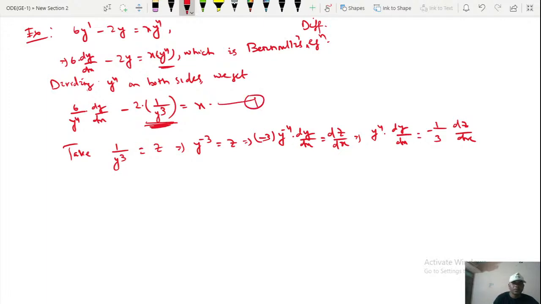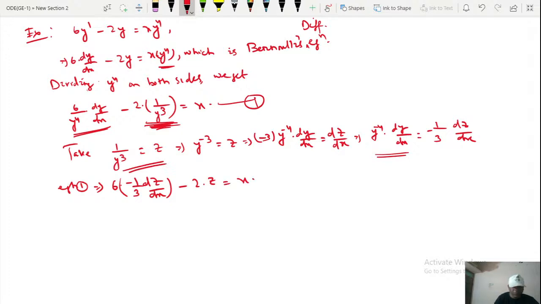So now equation 1 becomes 6 into 1 by y to the power 4 dy by dx. This is y to the power minus 4, 1 by y4 dy by dx, so I can write this as minus 1 by 3 dz by dx, then minus 2 into z, where 1 by y cube is your z, equal to x.